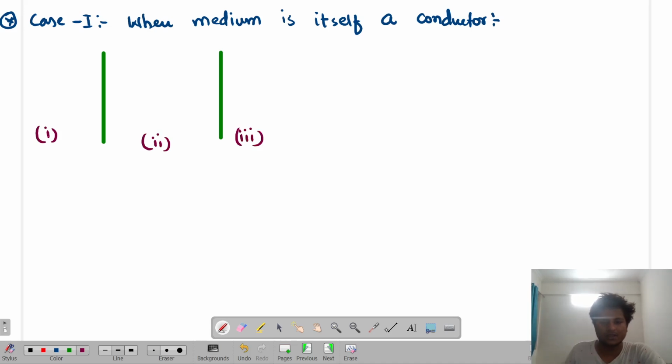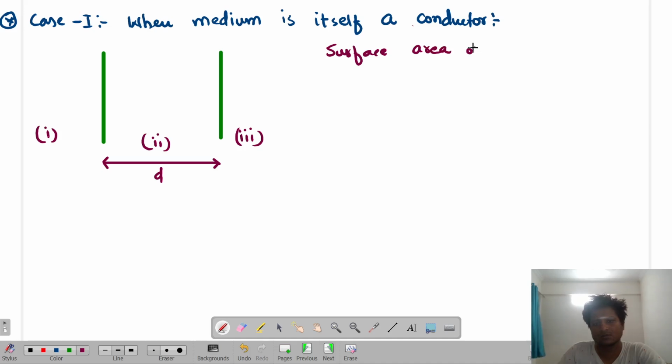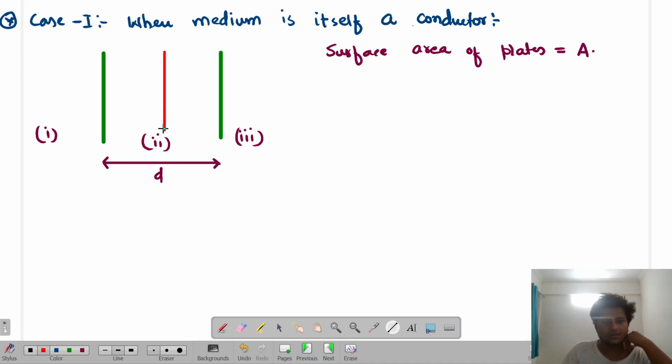Now, the distance between the plates is still the same, which is d, and the surface area of the plates is A. Now, in between it, you introduced a metallic plate. Got it or not? So this is the normal plates. This is basically my metallic plate.